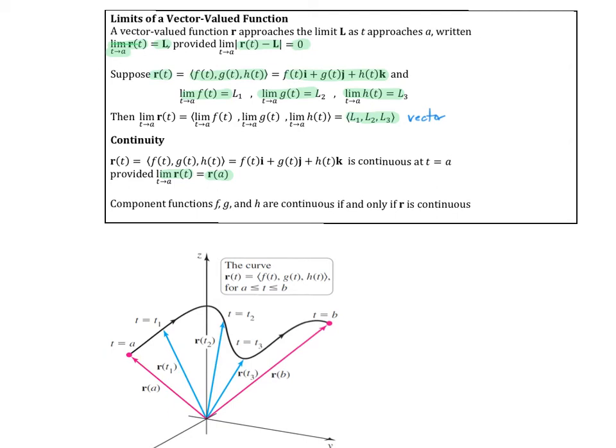So when you look at the 3 components, f, g, and h, they're continuous if and only if r is continuous. Or in other words, r is continuous if and only if f, g, and h are continuous. This is really important, because normally when we talk about these vector valued functions, we typically are talking about an object moving through space for some time t. So it's really important that the path of this object does not break, that it is a continuous path.